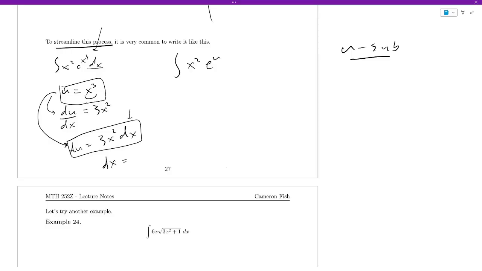So if I solve this for dx, what does that look like? I take my du on the right hand side, and I divide over this guy, right? 3x squared. I like to do it this way, because now I have dx equals, I have a dx here, so I'm just going to replace that dx with what I found, which is du over 3x squared.